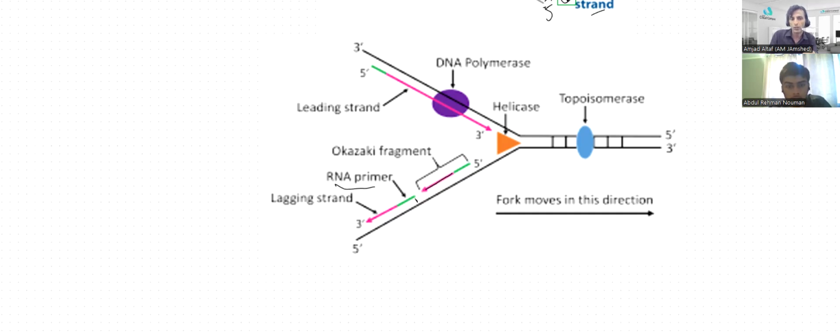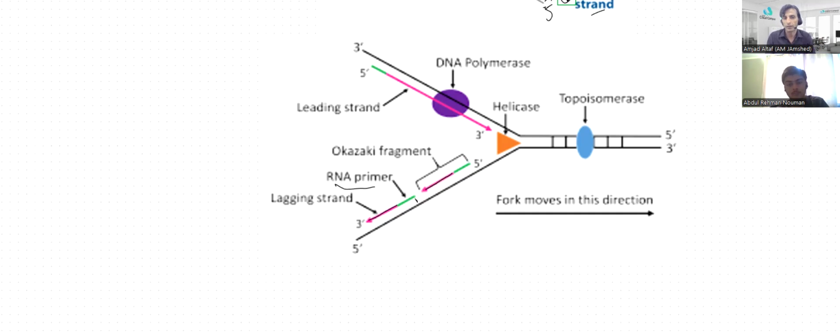So this is how it's going on. But why are the Okazaki fragments not joining together? They would join at the end, just after removing these primers. That's the reason. It will not continue to connect with each other just like the leading strand.